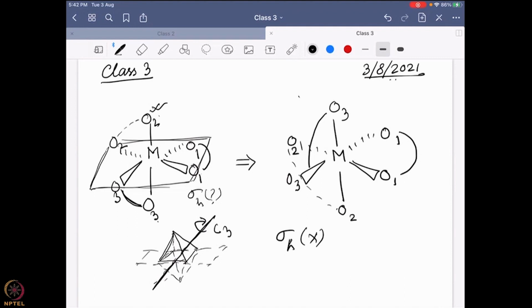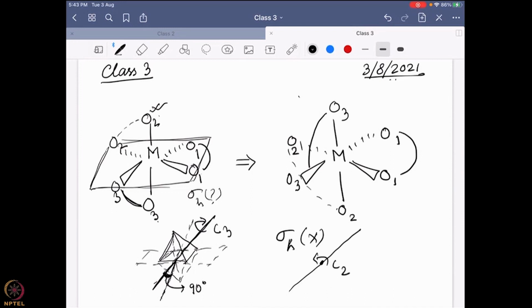And then what Somen was asking, what happens to the C2? Now C2 is over here. It may look like it is not in the perpendicular plane, but that is because it is a line, not a plane. If I look into this particular angle, this angle is actually 90 degrees, because it is a line like this, and on top of that I am putting my C2 over here.